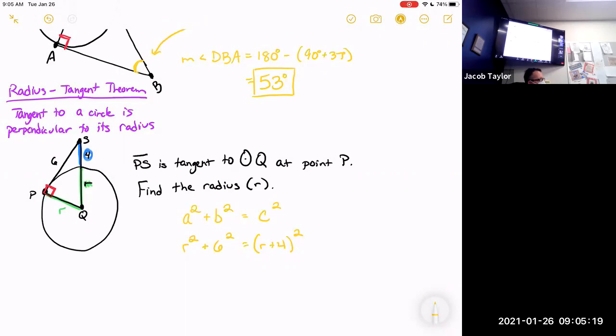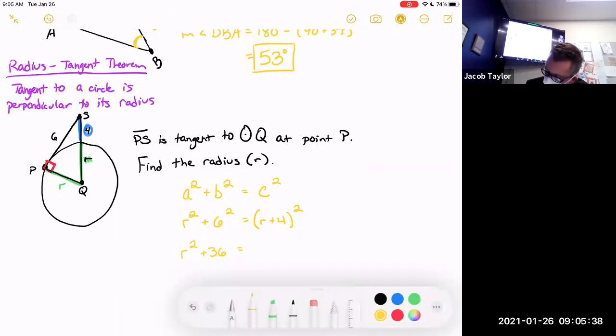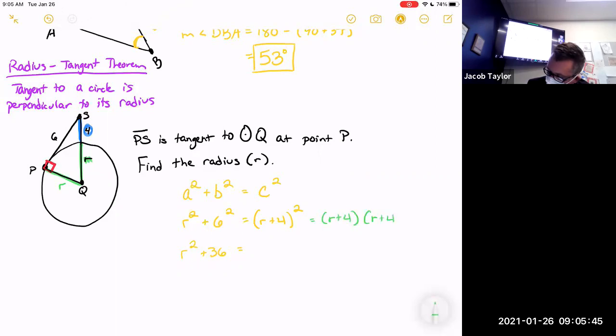R plus 4 squared means R plus 4 times R plus 4. But I got R squared plus 2R plus 8 plus 16. I think that's wrong. You are right that that was wrong, but you were really close.